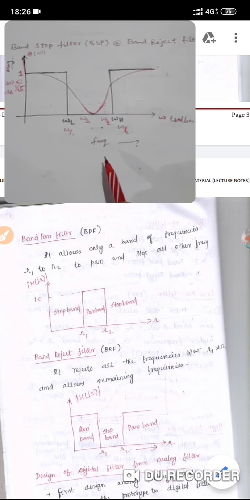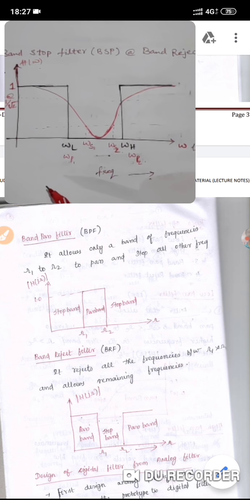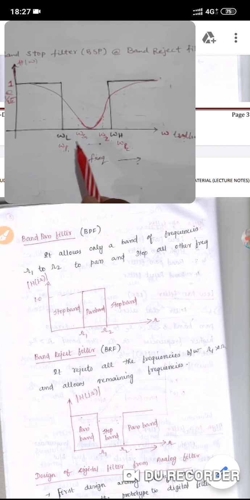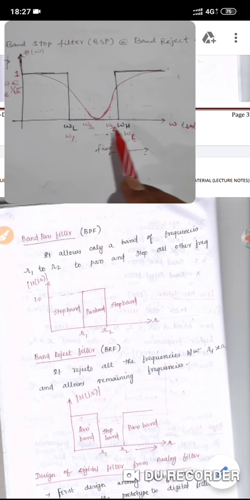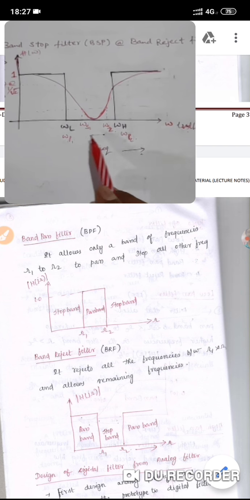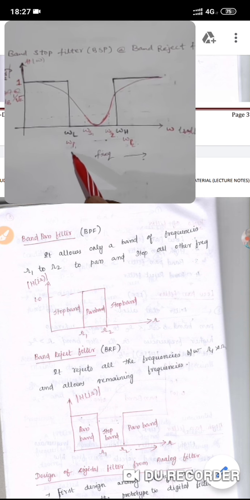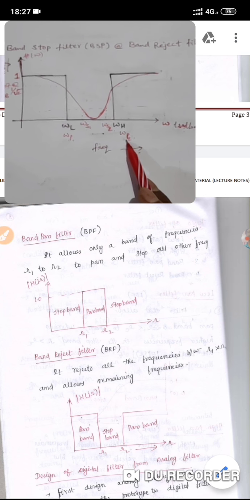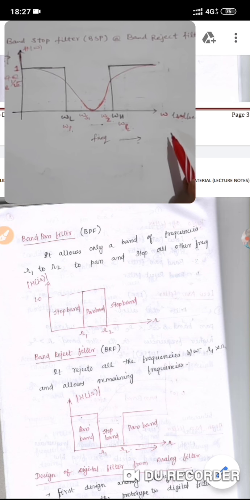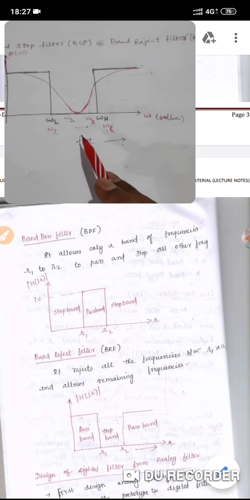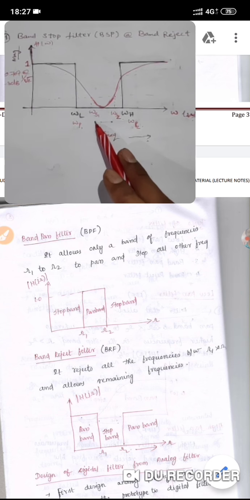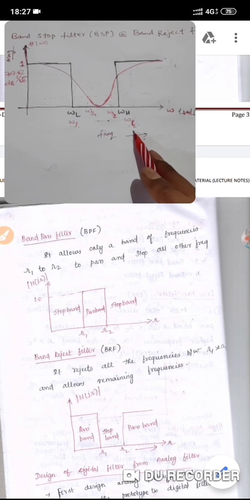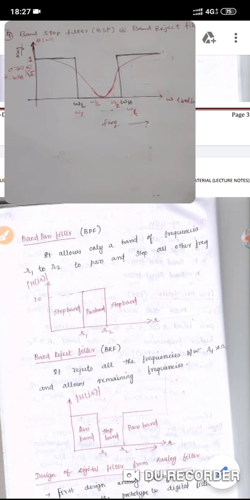Here also you can see from this figure that omega L and omega H are the cutoff frequencies for the band reject filter. So between omega L and omega H no frequencies are allowed, and all other frequencies are allowed. And there are two stop band frequencies, WS1 and WS2. Similarly, WP1 and WP2 are the pass band frequencies.